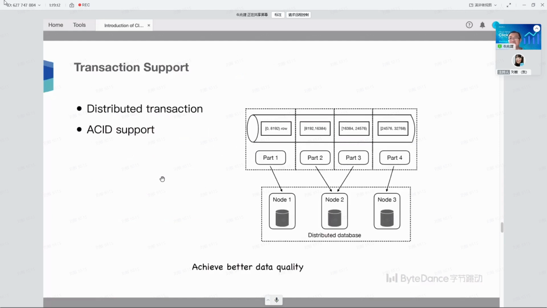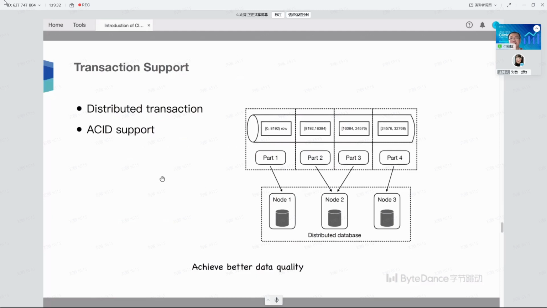In order to manage our metadata more efficiently and more properly, we utilize transactions to help us do this management.